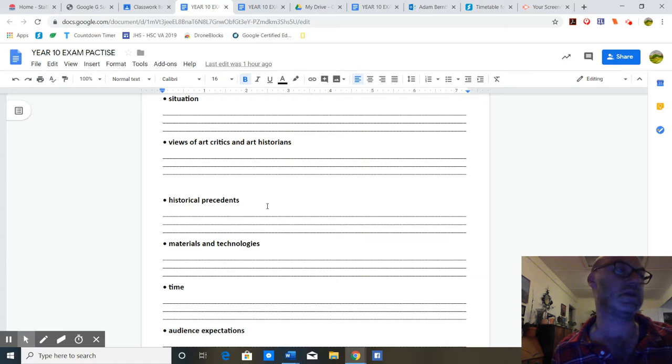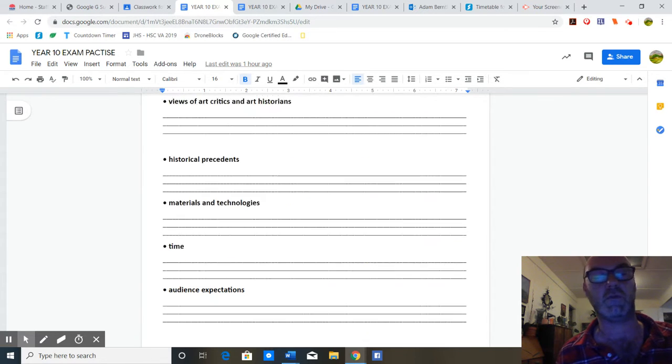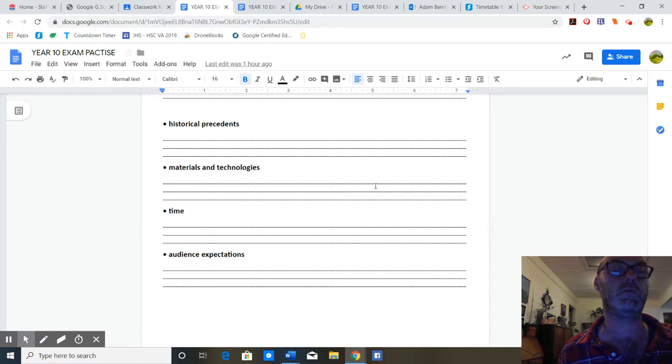Think about perhaps the historical precedents. In other words, what has happened before with similar works around the place. How they may or may not have been successful, and they may or may not have made life a little bit tough for us to go ahead with certain artworks that we've made. Think about the materials and the technologies that we have used.